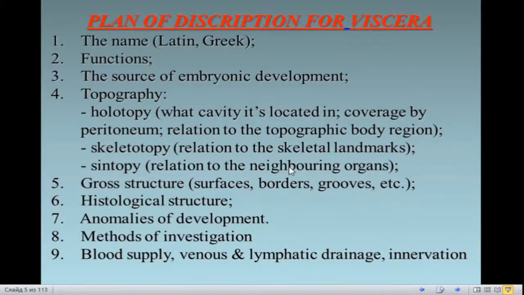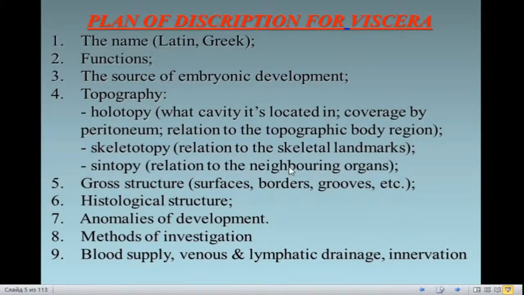Next, we describe histological structure, meaning how tissue is arranged, what it does, and how we can see that in the light microscope. The next is anomalies of development. This item is closely connected to point number 3, embryonic development. The majority of inborn anomalies are associated with some impact factor or exposure in embryonic development.